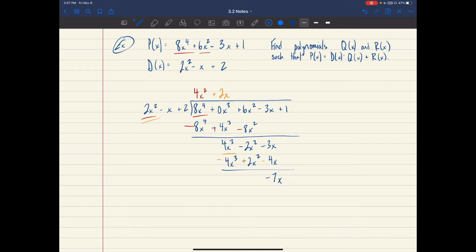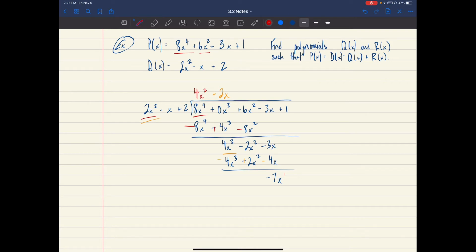I don't think I mentioned this in the last example, but you're done when the degree at the bottom here, which is degree 1, is less than the degree of your divisor, which is degree 2. When you have one less degree, that is when you're finished. Okay, so this whole q of x, r of x, p of x, d of x.